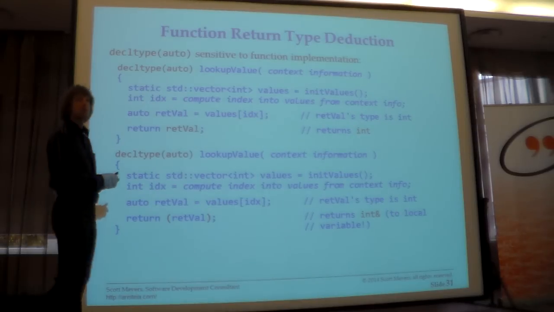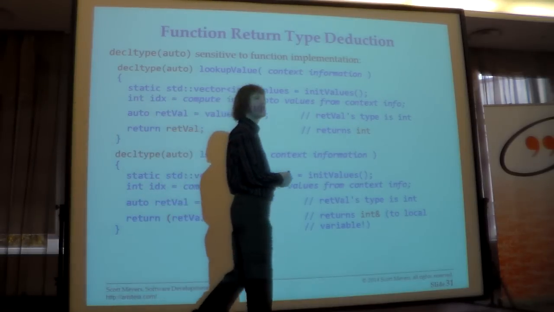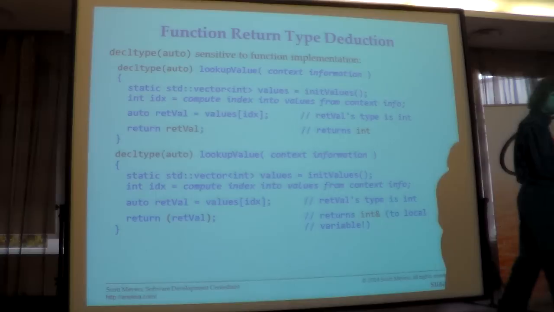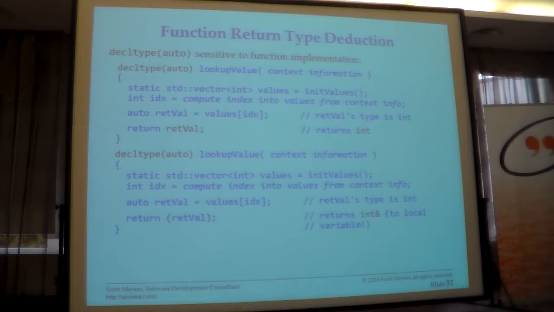Personally, I believe that deduced return types should be used carefully, and most of the time you're probably not going to want to use them. I think you're better off in most cases actually declaring the return type. However, there are some situations where it's just easier and it's no less clear to use a deduced return type. We'll see some examples of that.